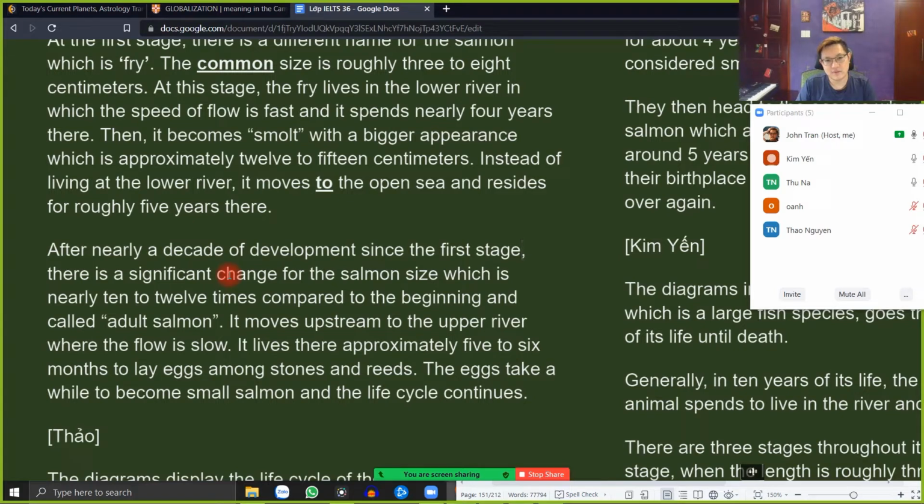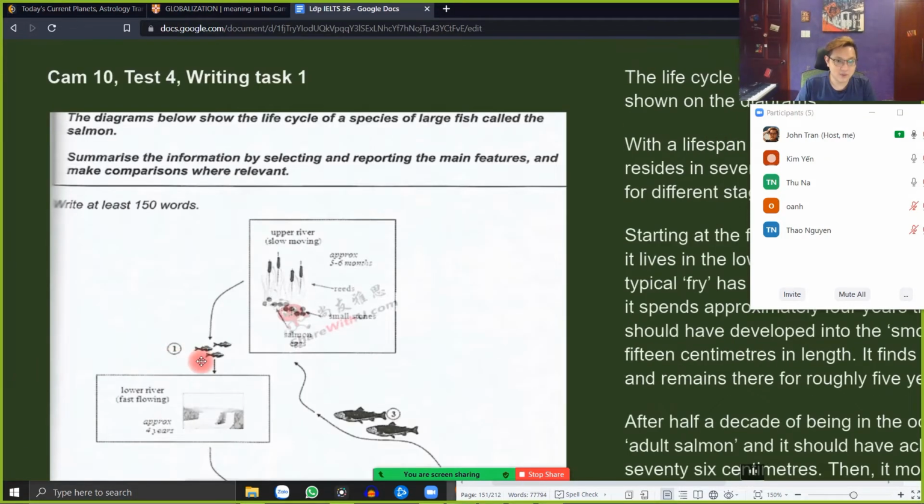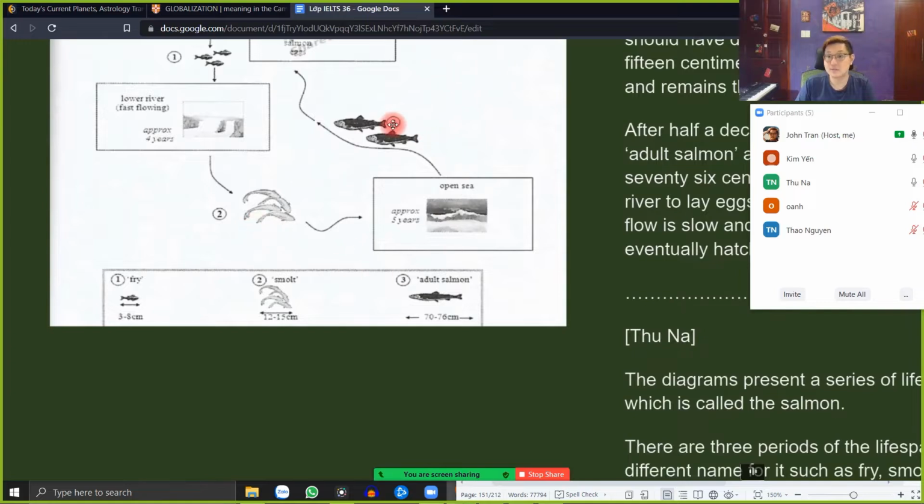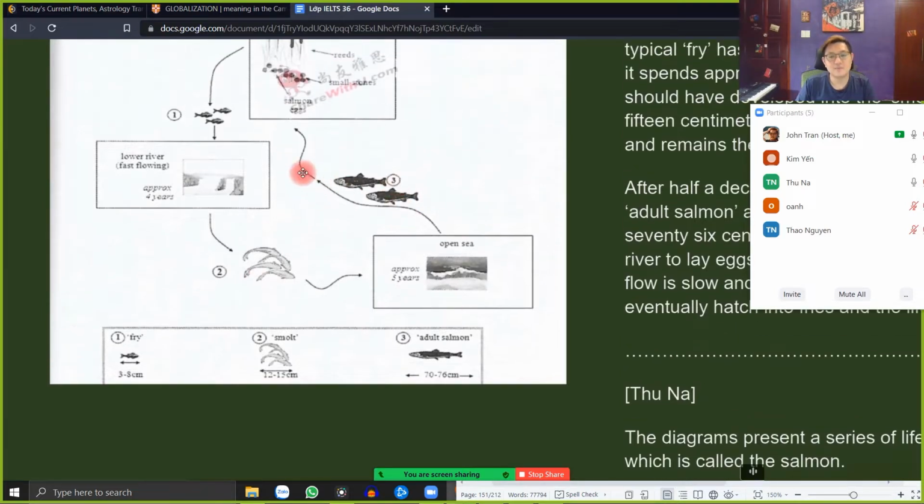Sau gần 1 thập kỷ phát triển từ cái giai đoạn đầu tiên. After nearly a decade of development since the first stage, then that is clear that you are talking about like from number 1 to number 2 plus number 3, you know. Nếu mình ghi là sau 1 thập kỷ của sự phát triển từ cái giai đoạn đầu này thì nó rõ ràng về nghĩa hơn rất nhiều, nó sẽ không gây ra confusion, không gây ra hiểu lầm.